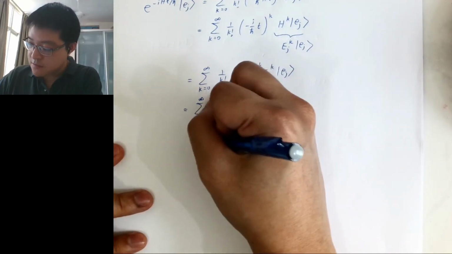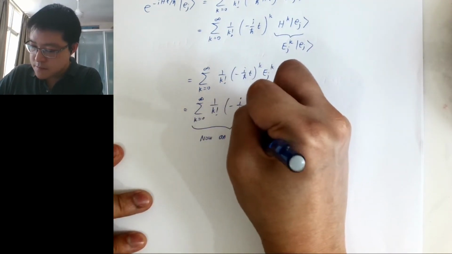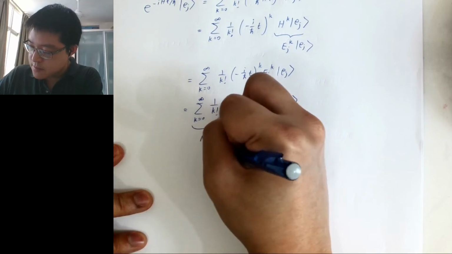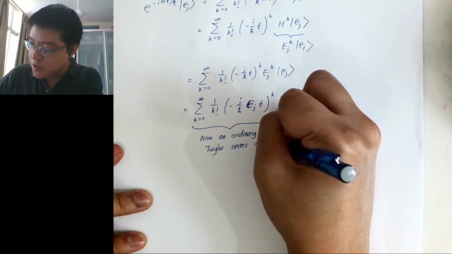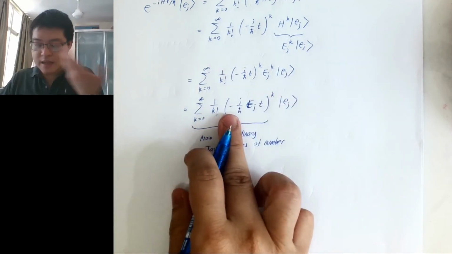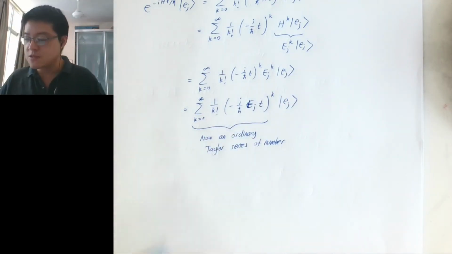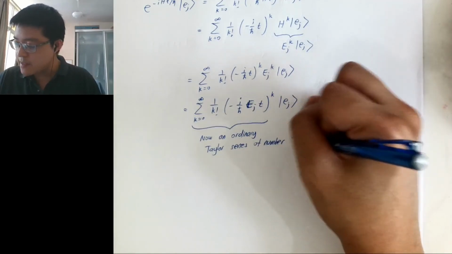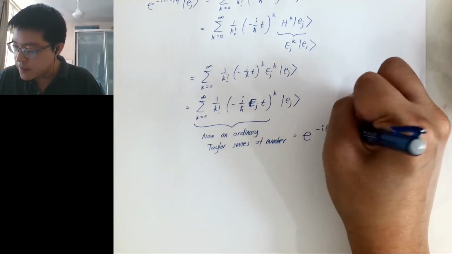So this is now an ordinary Taylor series of numbers. They are not operators anymore. If it's just a number, then even if you show this to someone taking calculus 2, they will tell you that it is e to the power of i E_j t over h bar.